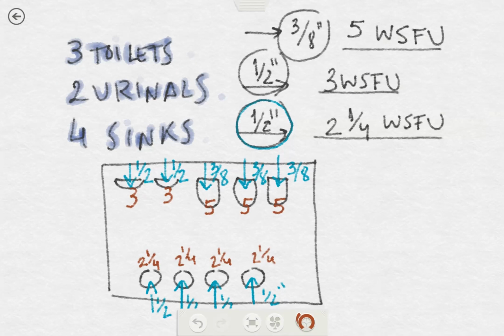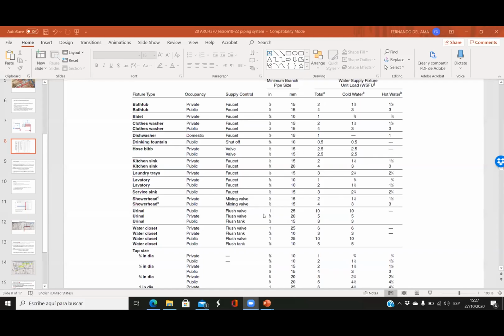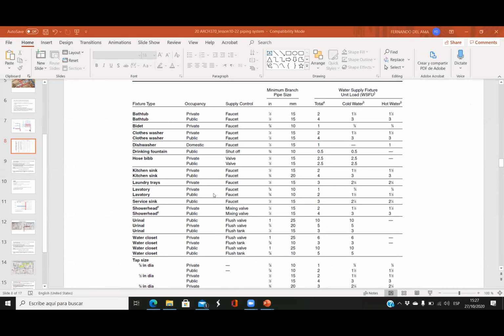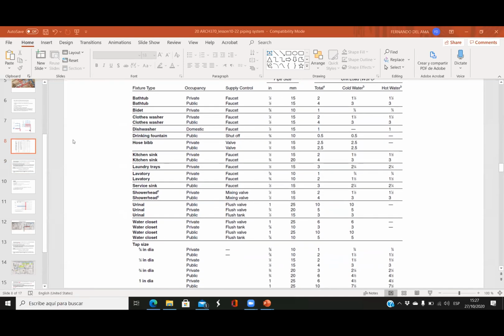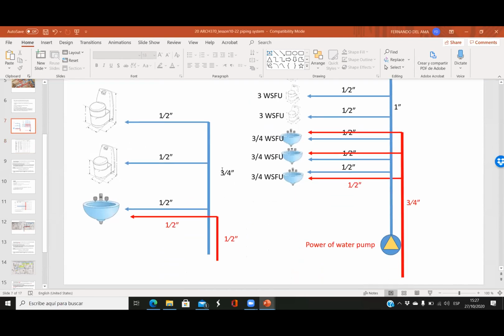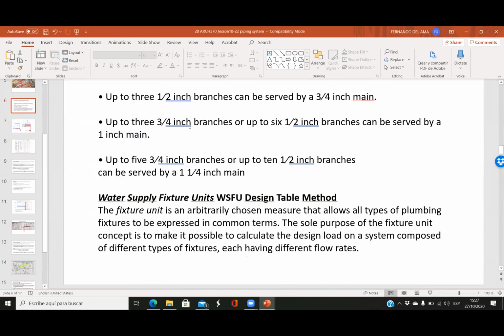So this is the information that we need. And then if we go to the rule of thumb, you see that screen now. Up to 3 1/2 inch branches can be served by a 3/4 inch main.